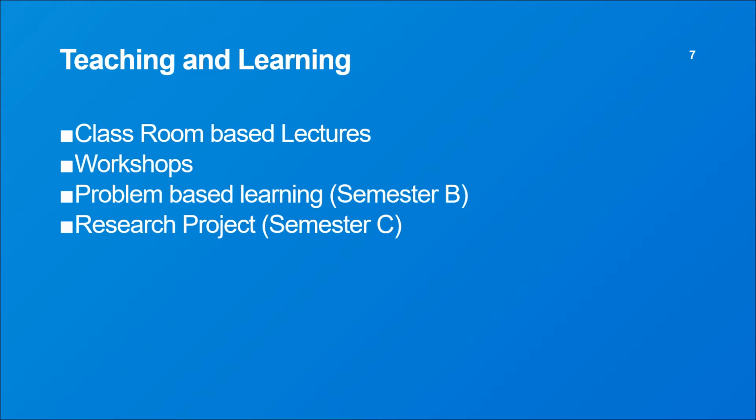There are workshops as well in semester A modules, and by workshop I mean that the students are given a topic, they are asked to come prepared on that topic, and then the lecturer will have a discussion on that topic.